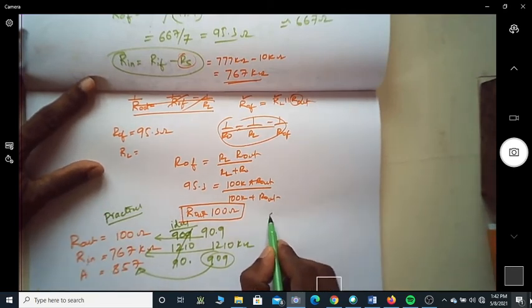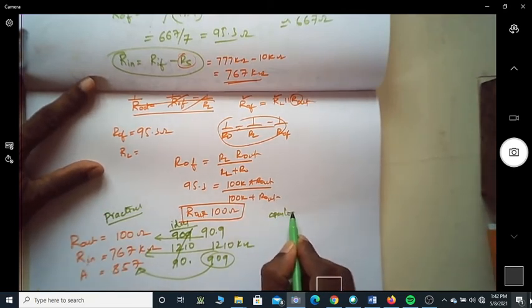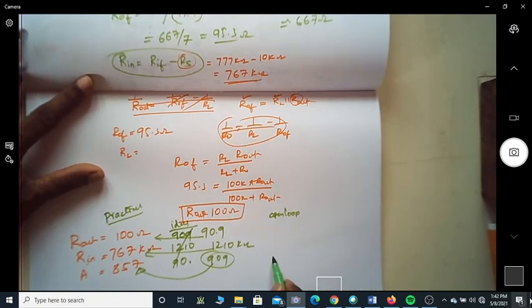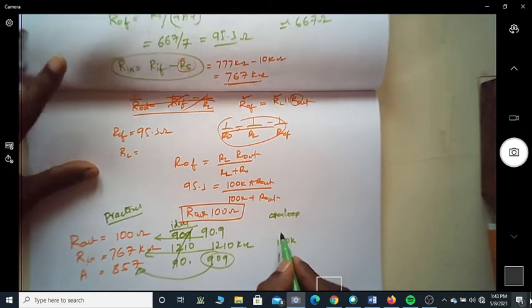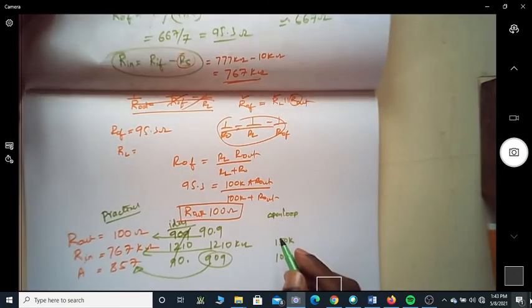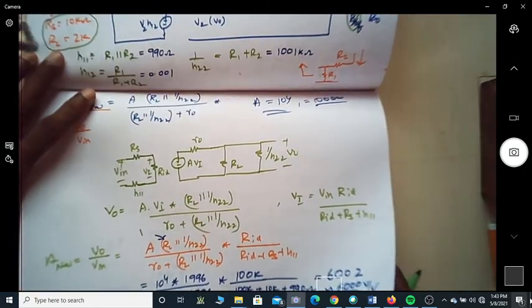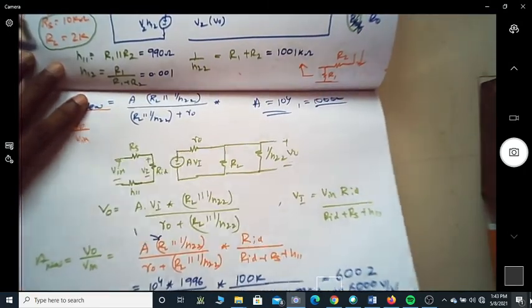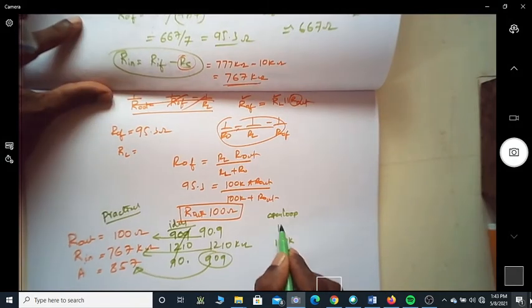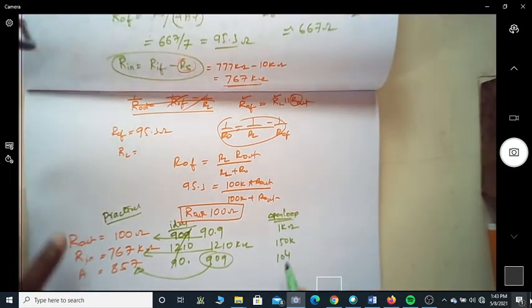So how about the open loop? In open loop, you had a gain of 10 power 4, an input impedance of 150k, and an output resistance of 1k.